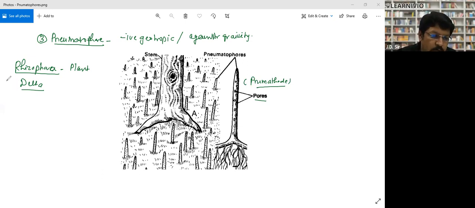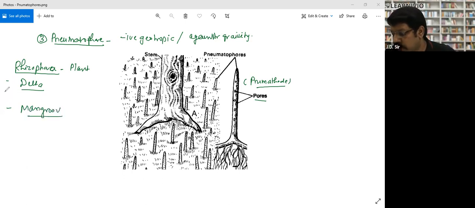These roots are found in mangrove plants like rhizophora, which grow in muddy deltaic regions. Let's stop. Next point.